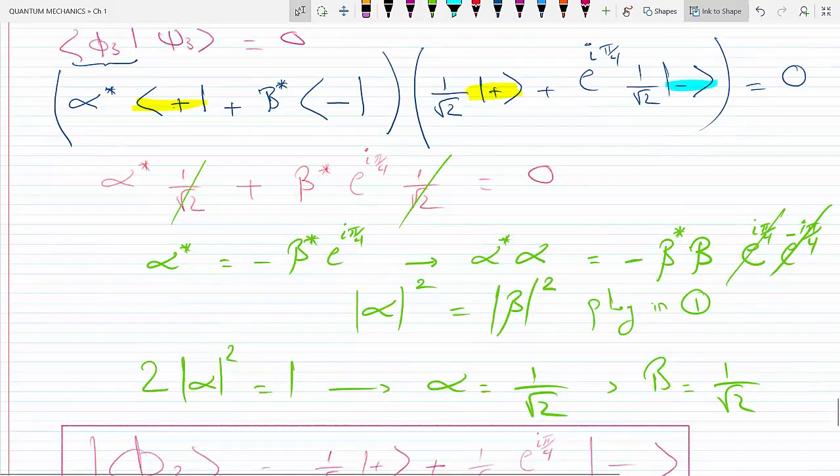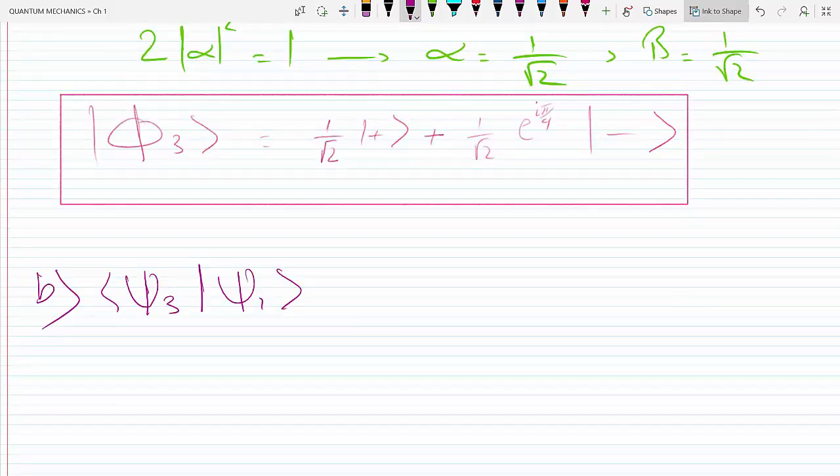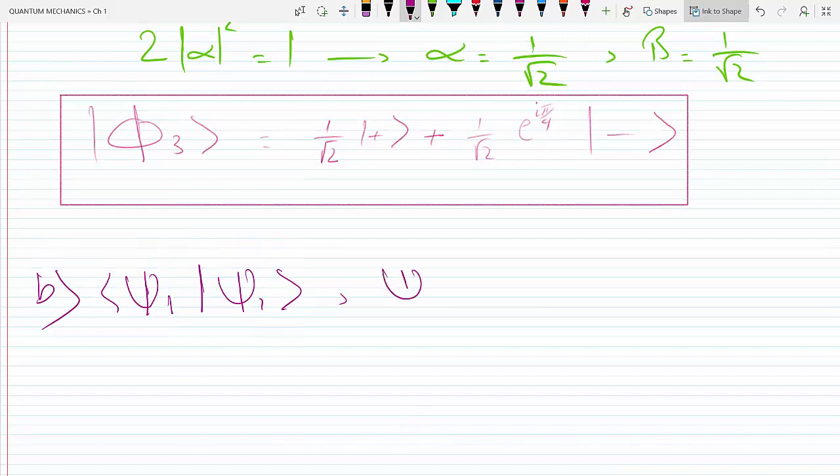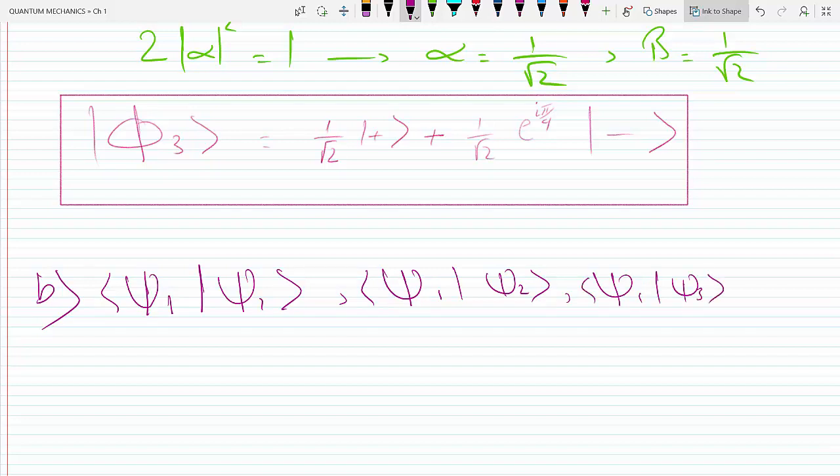There's going to be a total of 9: psi 1, 1; psi 1, 2; psi 1, 3; and the same thing for 2, 1; 2, 2; 2, 3. So psi 2, psi 1; psi 2, psi 2; and psi 2, psi 3. And then the same thing on 3: psi 3, psi 1; psi 3, psi 2; and psi 3, psi 3.